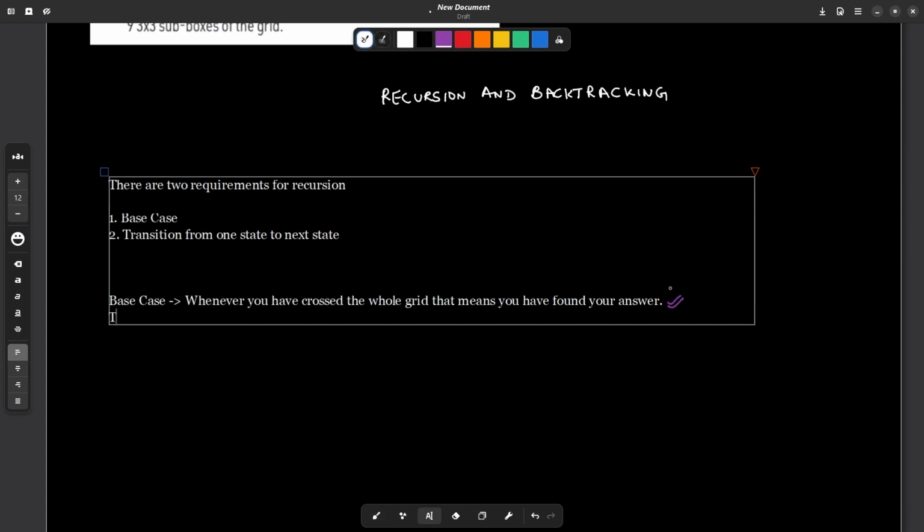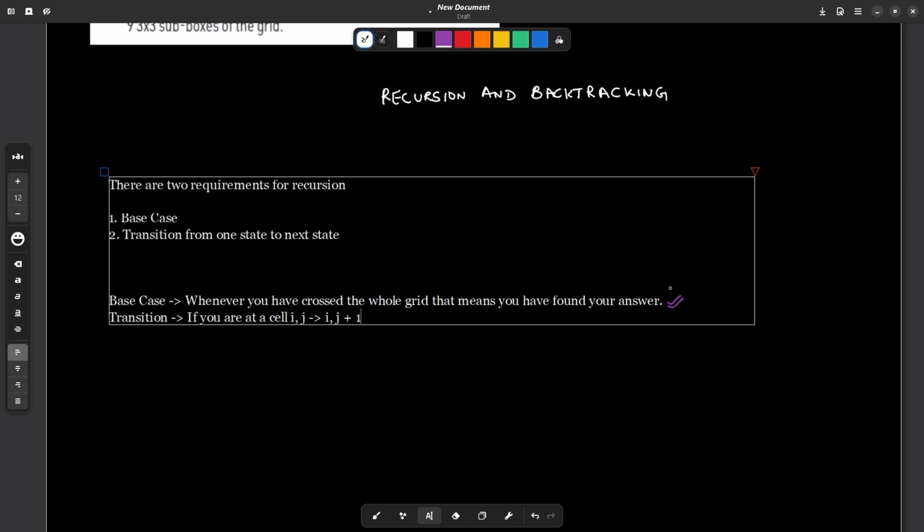Now let us discuss the next point. What will be the transition, right? If you are at a cell i comma j in a grid, then you would try to move to i comma j plus 1. That means you are trying to remain in the same row, but you are advancing one column, right?